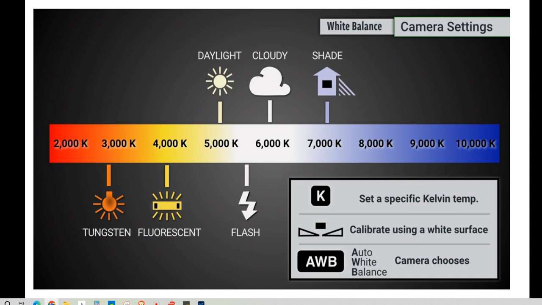Obviously the one that says daylight would be if it's sunny or bright outside. The cloud symbol is if it's cloudy, overcast. And the one with the house is for shade. If you're taking pictures in the shade, you should definitely put it in that mode. And if you're in a lighting situation indoors with any of these going on, you can put it in that mode and it'll adjust for that specific lighting situation.